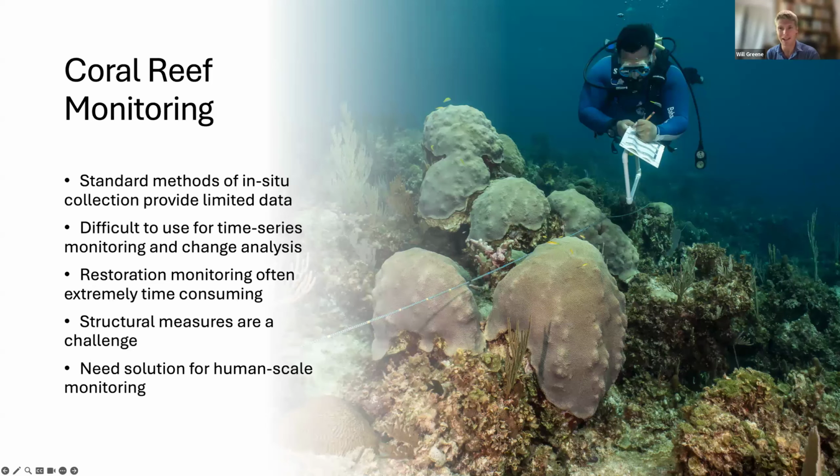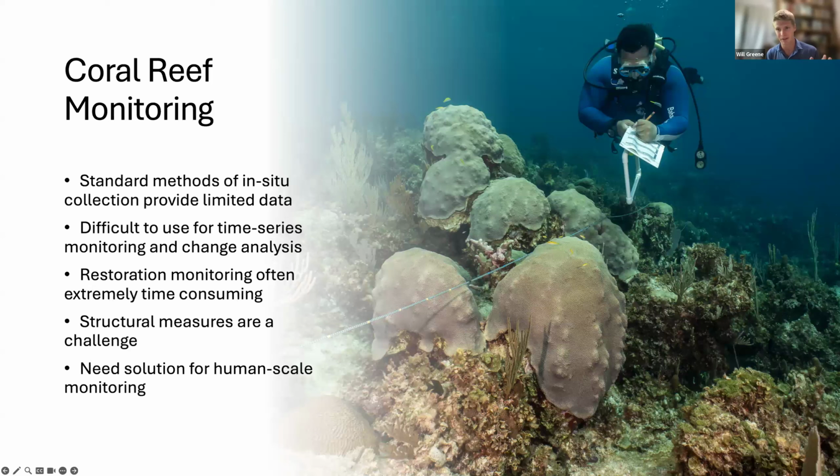The methods that we've used to collect information on structural complexity in the past have also been somewhat limited. That is challenging because structural complexity is, of course, a really important metric to understand in terms of habitat quality for other reef inhabitants. What we're trying to do here is address a solution for monitoring at the human scale.